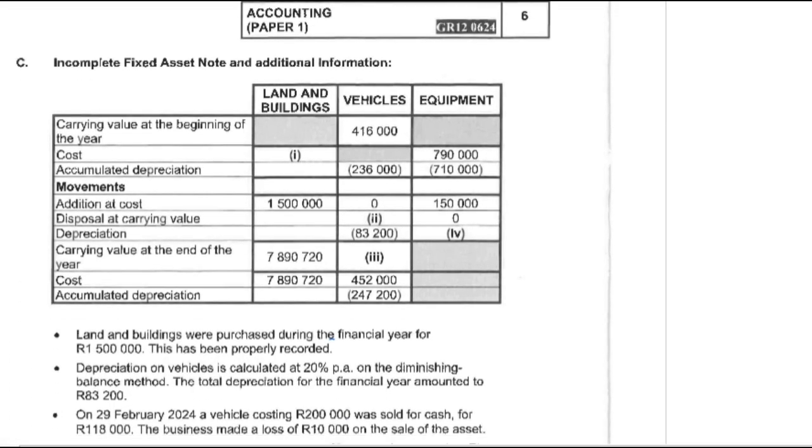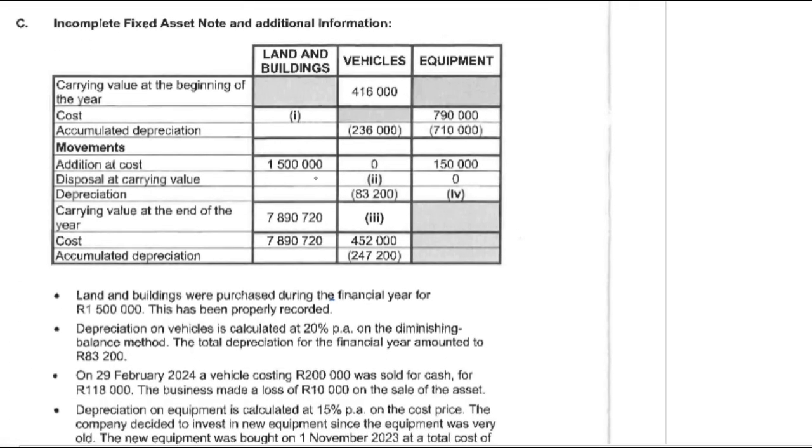In the fixed asset note, we are told that land and buildings were purchased during the financial year for 1,500,000 rands. This has been properly recorded. If we look under the land and buildings in the fixed asset note, we can see that we have additions of 1,500,000.